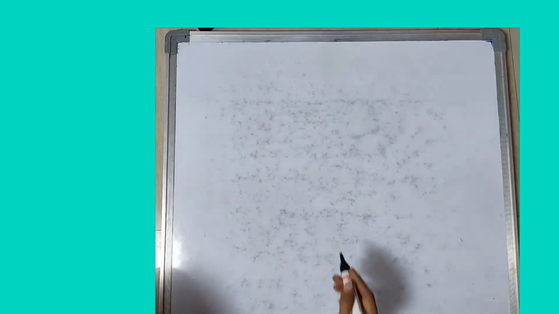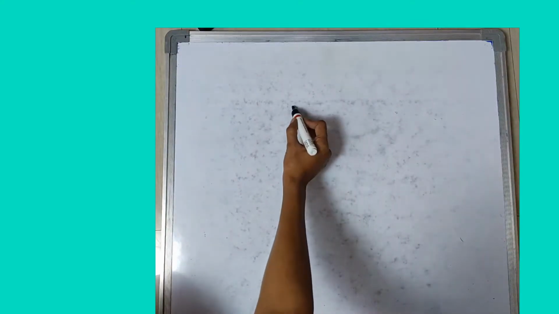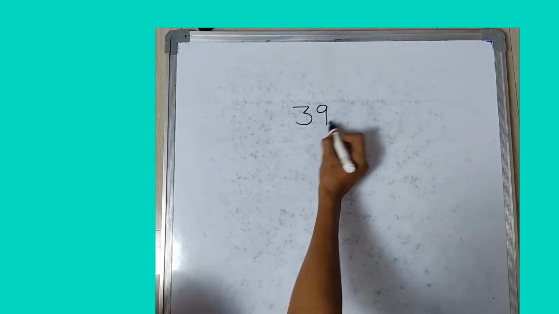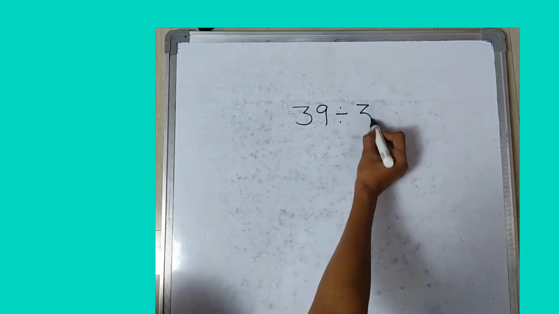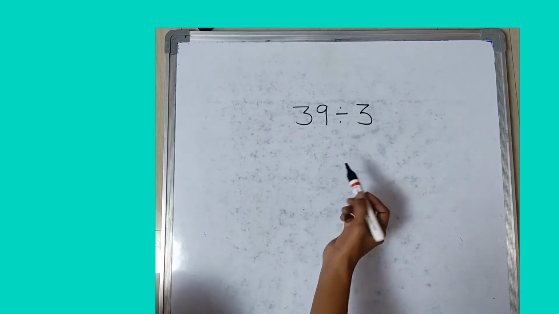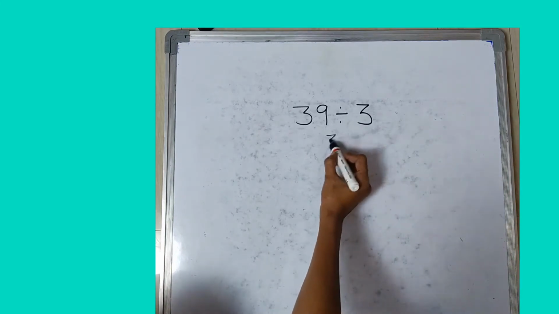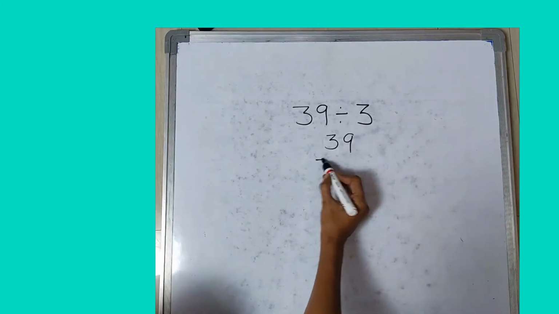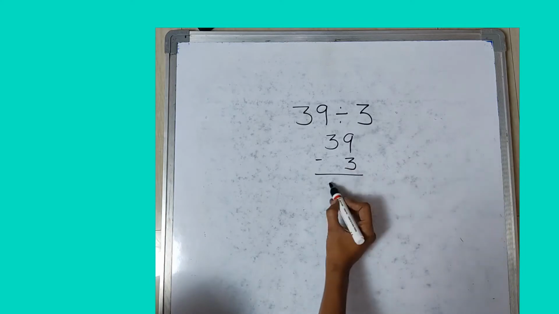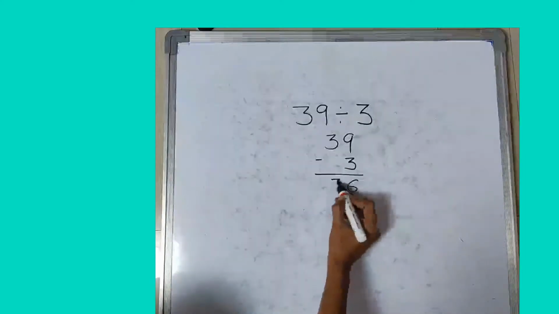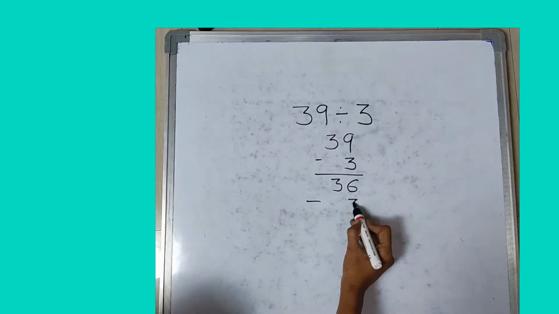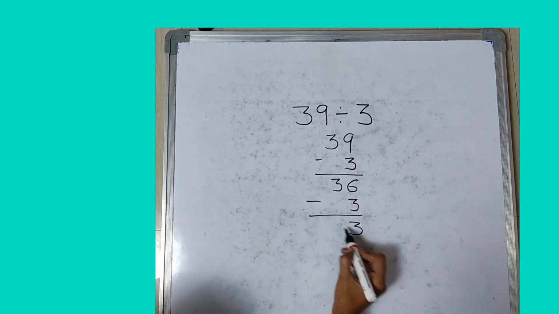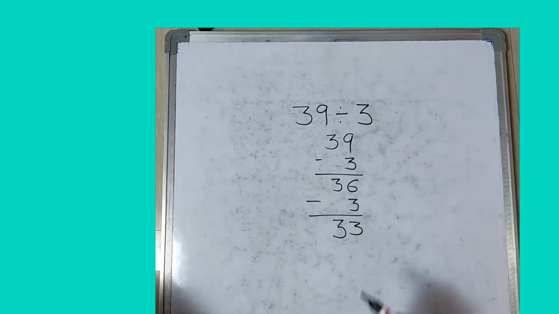In the homework, you solved the question 39 divided by 3 using repeated subtraction, meaning you repeatedly subtracted 3 from 39 like this. But it was a long process. Today let's see an easy way to solve division problems.